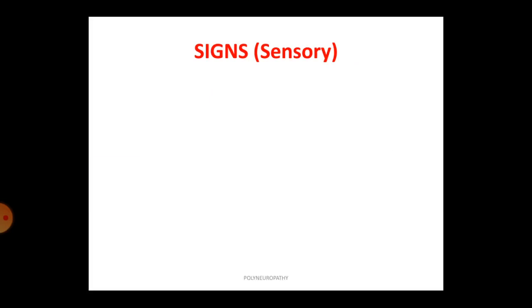Now which are the signs for sensory? Sign means we are checking. Sensory ataxia we have to check with Romberg sign. In Romberg sign, we all know that the patient will be in standing position for 30 seconds. Initially with eyes open, you observe whether the patient is swaying or not.